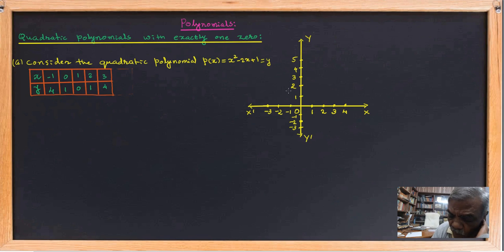Minus 1 and 4, 0 and 1, that is x equals 0 and y equals 1, and 1 and 0, that is the point 1 and 0, and next 2 and 1, and 3 and 4 here.